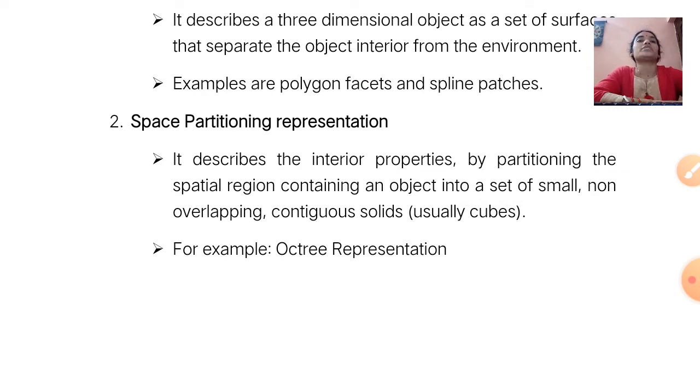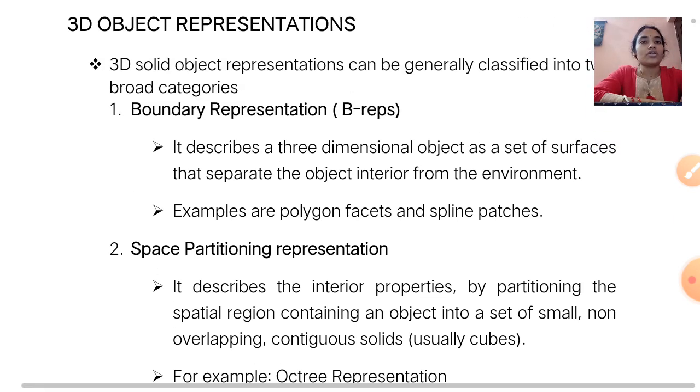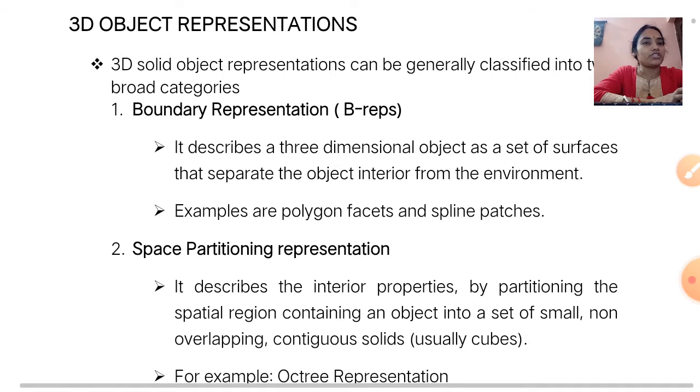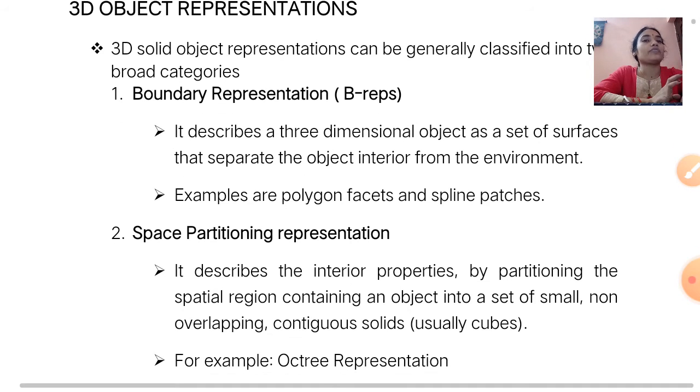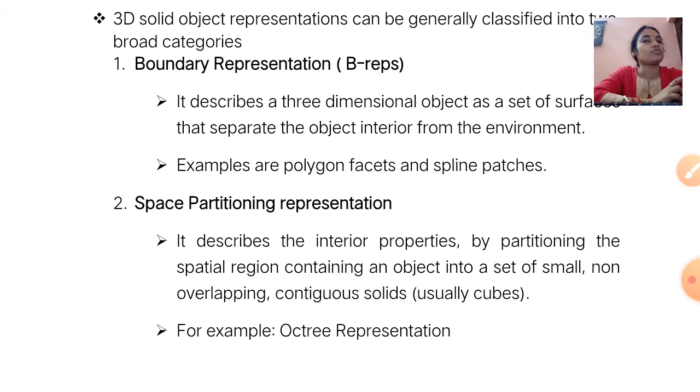For example, octree representation. So 3D representation can be divided into two types: boundary representation and space partitioning representation.